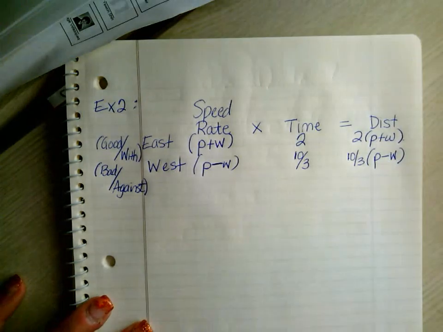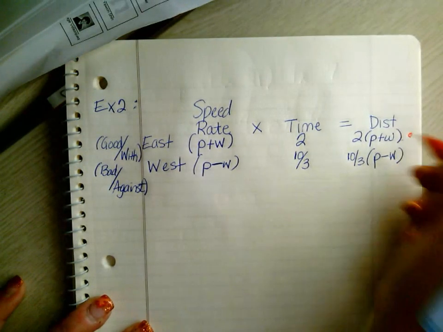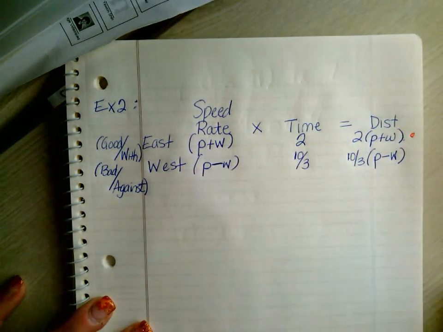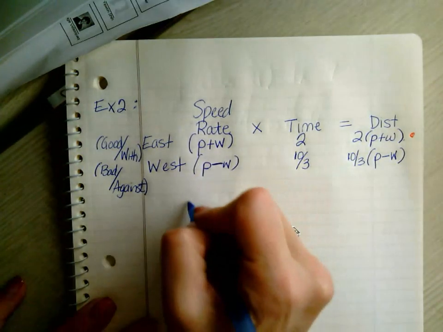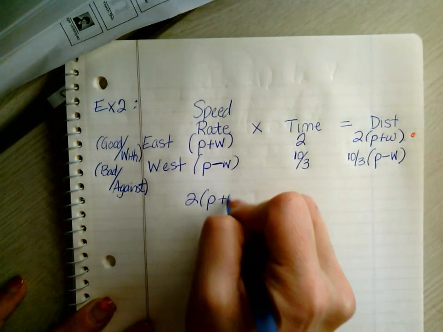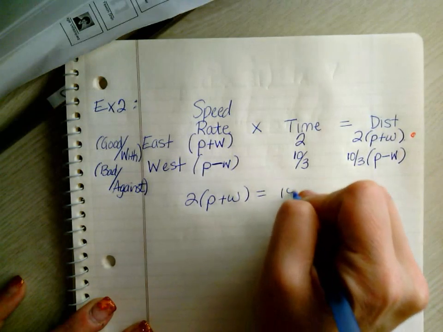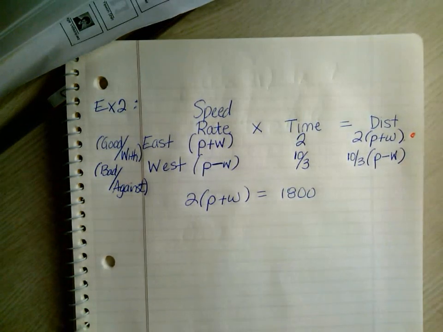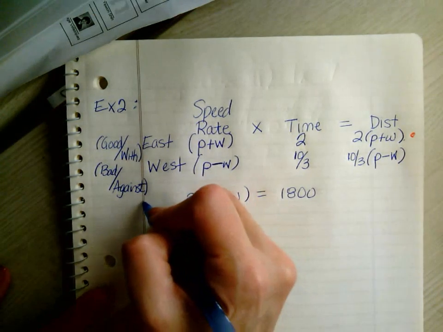So the distance traveled with the tailwind, rate times time equals distance, can be written this way: 2 times (p plus w) equals 1,800. We already know that. So this is with.